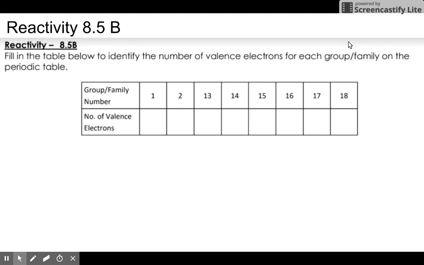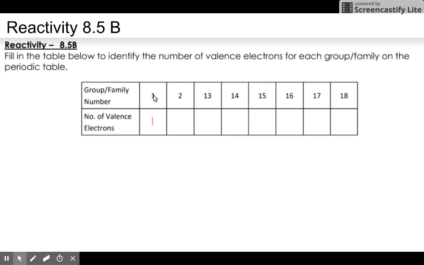So this activity tells you to fill in the blank to identify the number of valence electrons for each group/family on the periodic table. So if you look here, it says group 1, how many valence electrons are in group 1? This is letting us know that everything in group 1 has 1 valence electron. So it should correspond with 1.